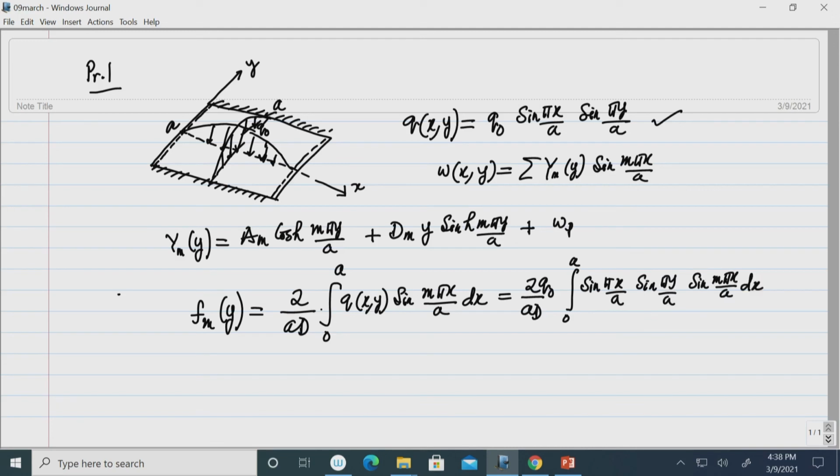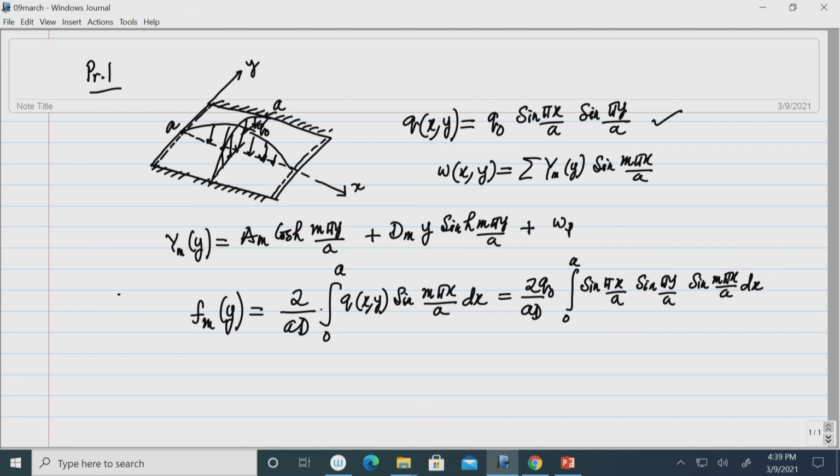Now, this integral can be easily carried out, because you see, this is a function of x. So, only the integration with respect to x is meaningful. So, sin pi y by a will appear as a constant. So, now if I integrate sin m pi x by a, sin m pi x by a, that is 0, only it is meaningful non-zero when m is equal to 1.